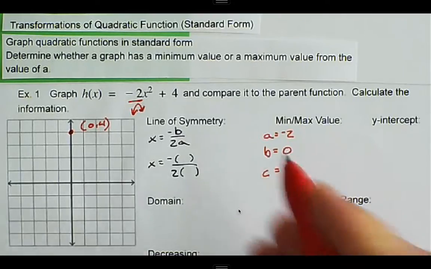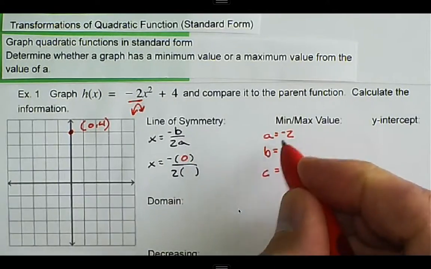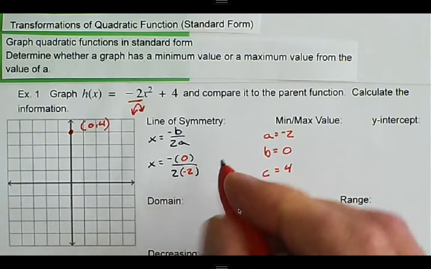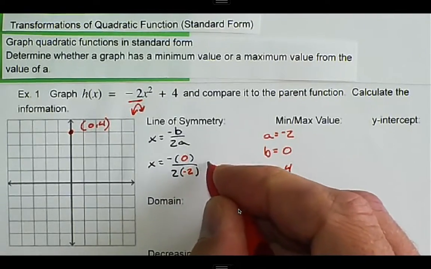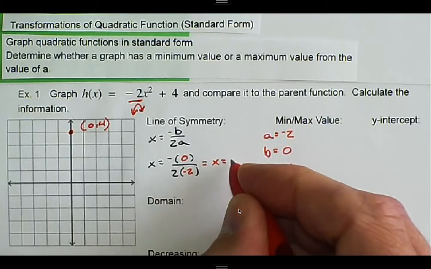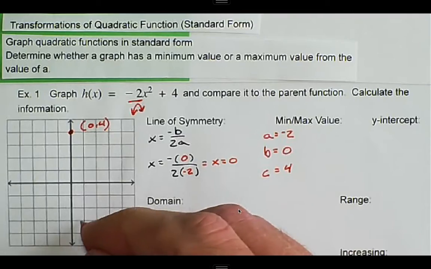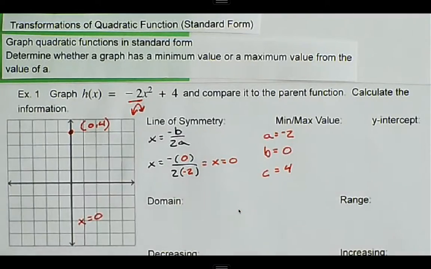The b value in this case is 0, and the a value is -2. Well, we have a 0 in the numerator, so our line of symmetry is going to be x equals 0, which in this case is the y-axis. So x equals 0.